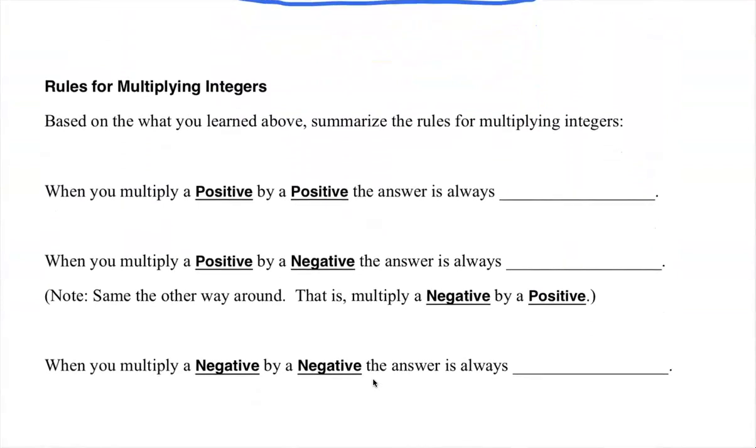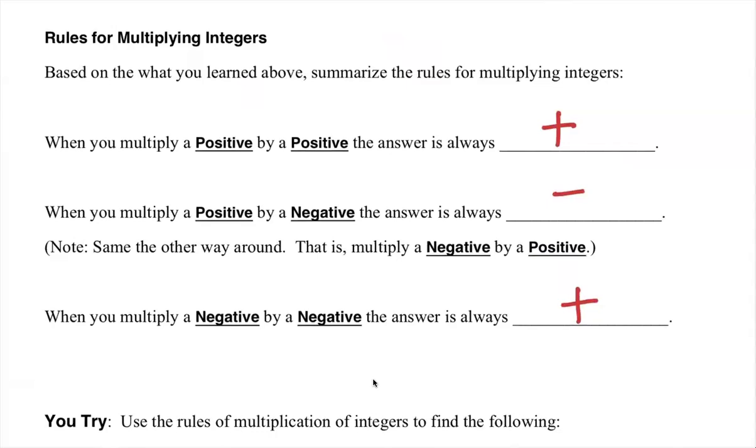So when we have a positive times a positive, the answer will always be positive. Positive times a negative, always a negative. Negative times a negative, the answer is positive. I actually summarized all three of these and collapsed them into two rules.